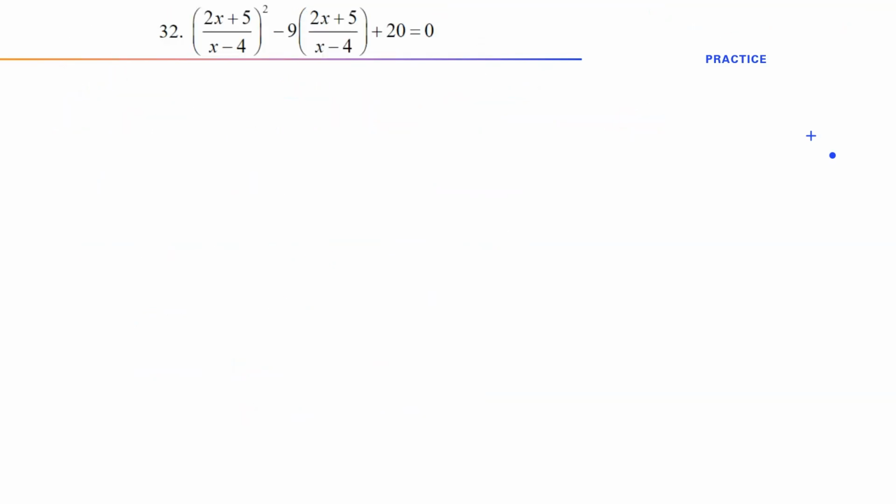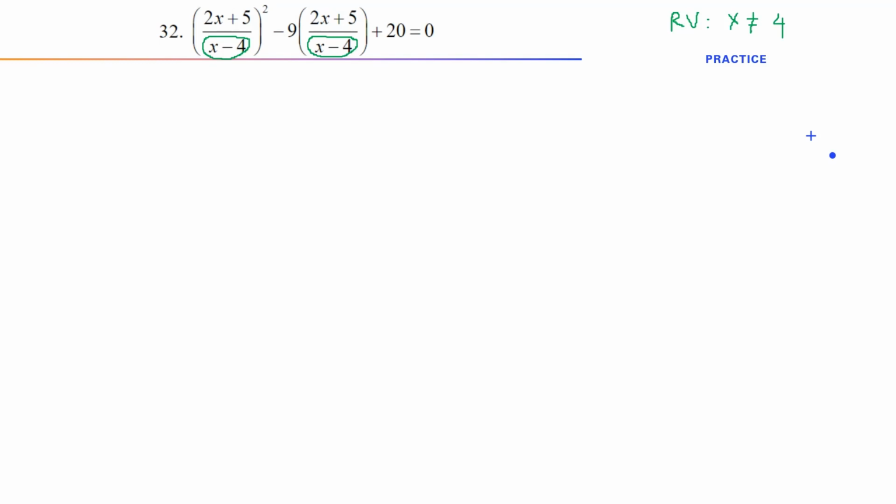Alright, the big questions for today. Number 32. So first of all, we have to find the restricted value. X has to be different from 4. This is the only denominator that has an x term in there, so we set that equal to 0, and you know that it cannot be 0, right?